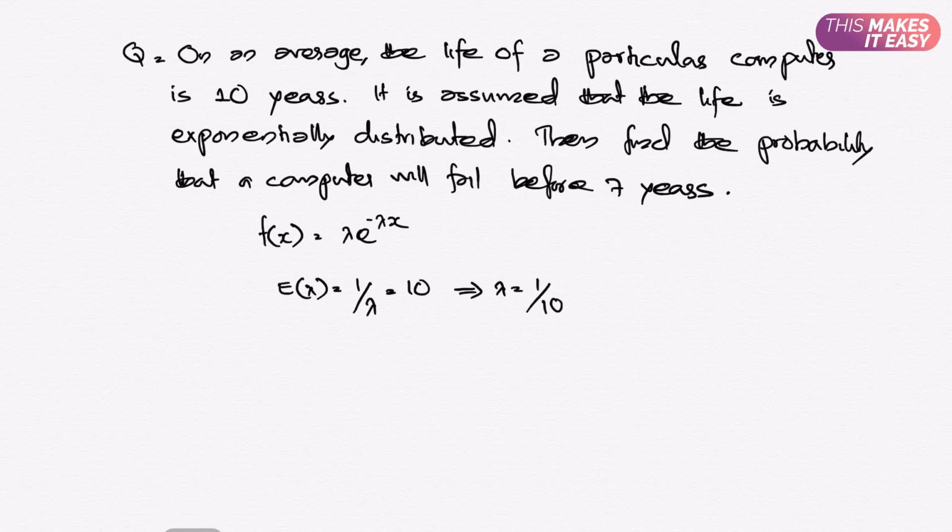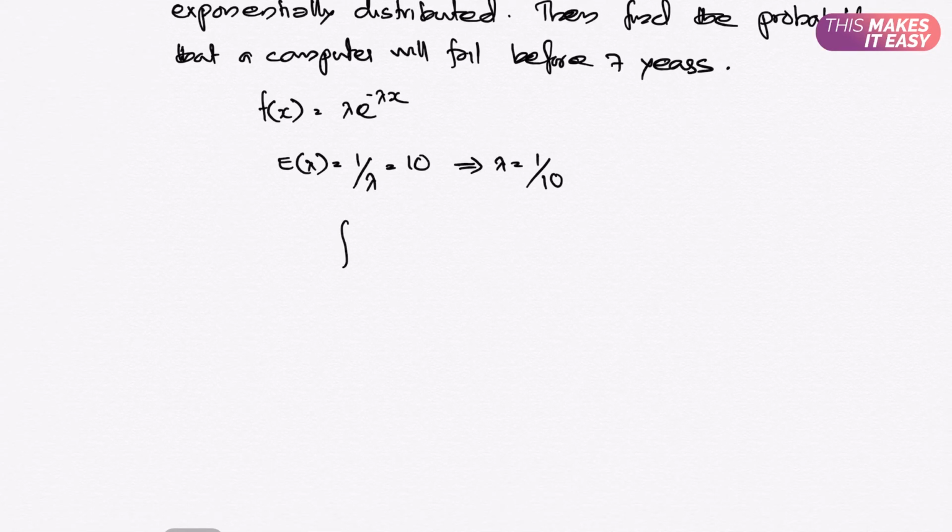So by substituting this value into the formula of exponential distribution and integrating from 0 to 7, we can get the probability that a computer will fail before 7 years. So we can put all these values into this formula.